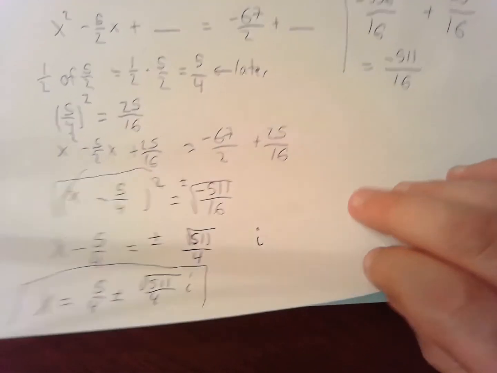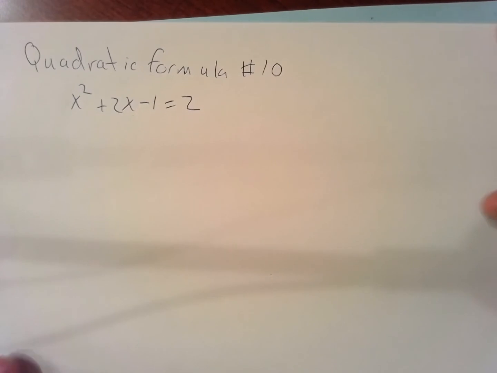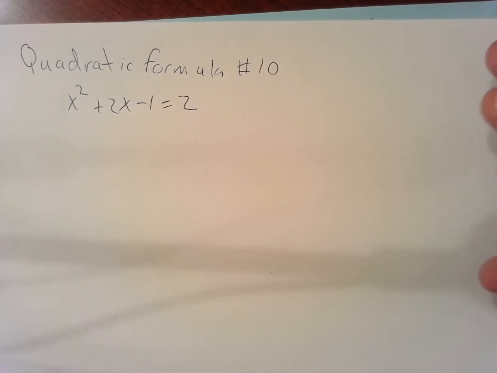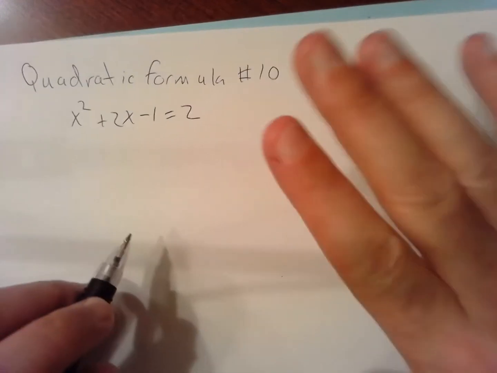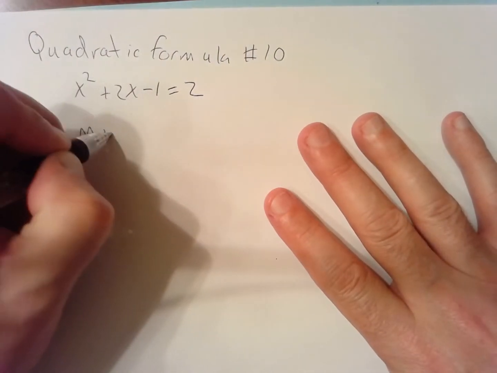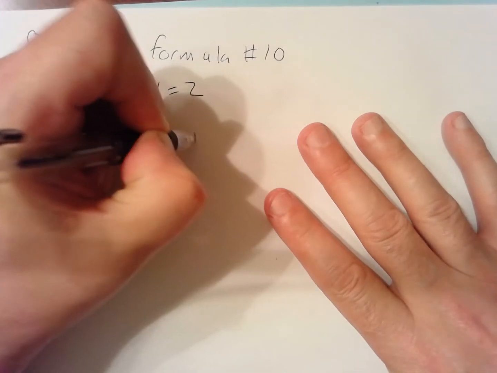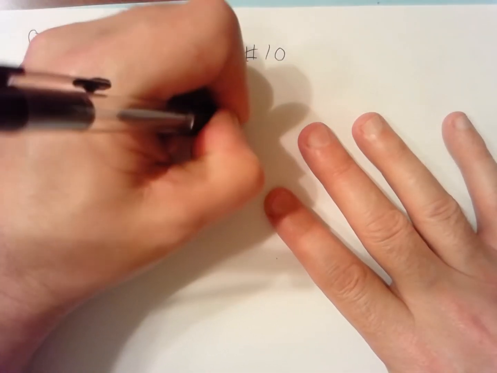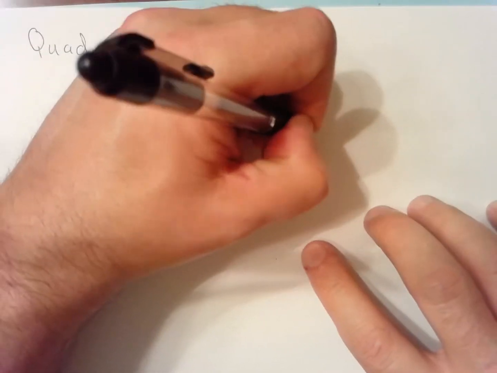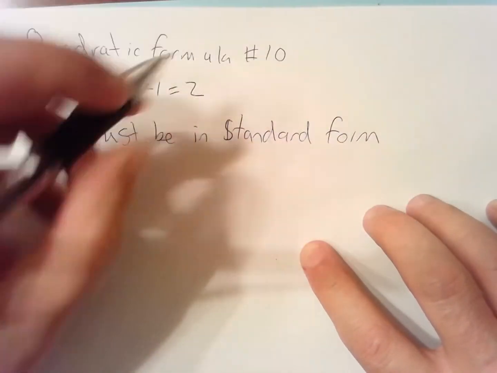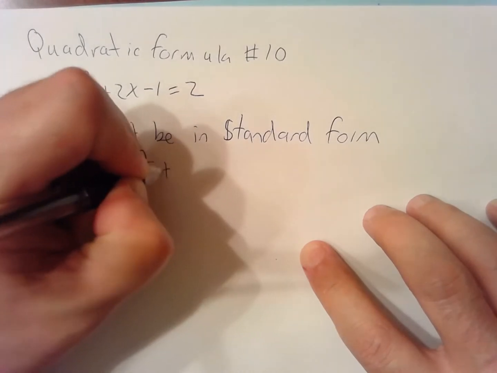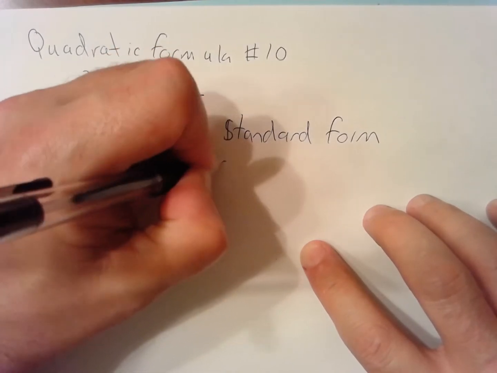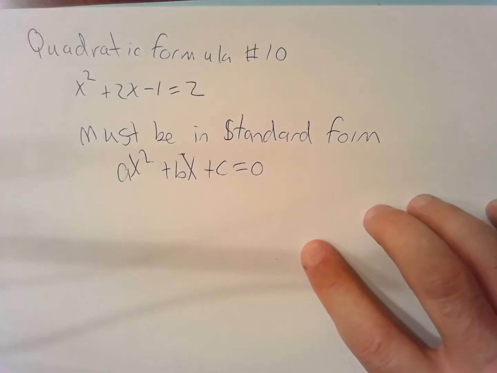Okay, one more example. We'll do a quadratic formula example from that worksheet. This is number 10 from the quadratic worksheet. We want to solve this equation using quadratic formula. To use quadratic formula, you must be in standard form: ax squared plus bx plus c equals 0.